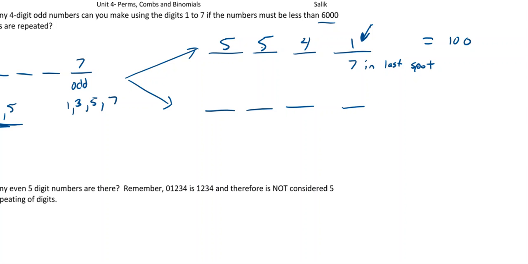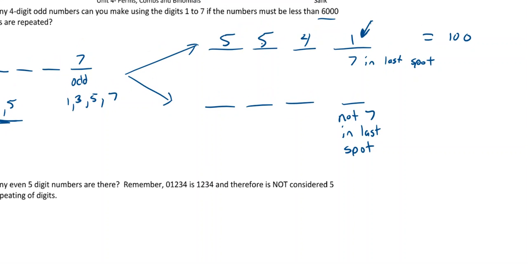And then let's look at the next one. In the next one, we're going to say not 7 in the last spot. In this case, if it's not 7 in the last spot, then I've got 3 to choose from. So it's going to be 3.